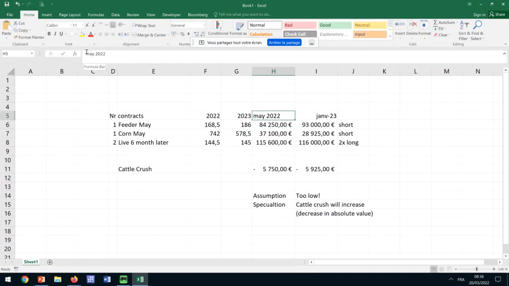So what we will do is we will short the January 23 feeder contract. We will short the January 23 corn contract, and we have a long position in two of the August 23 live cattle contracts.